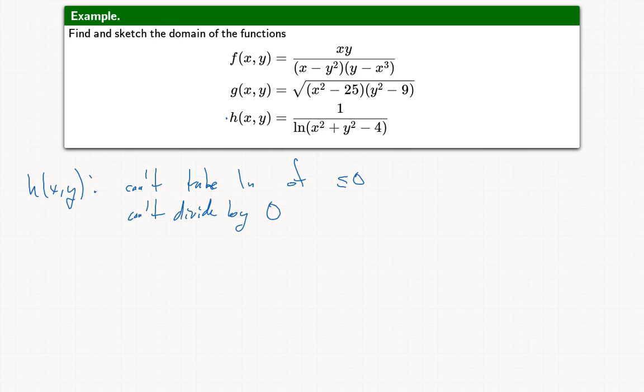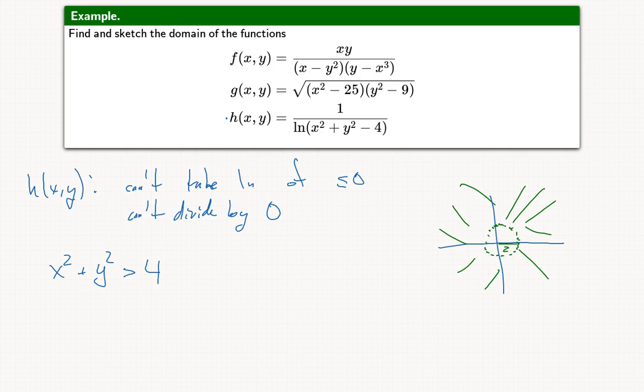So first, we need x squared plus y squared to be greater than 4. So in the plane, if this is a circle of radius 2, then we are not allowed to be inside this, but everything outside of here is allowed.